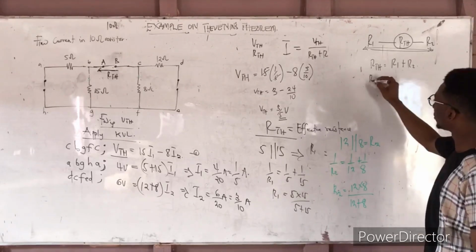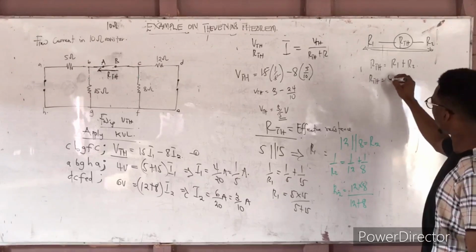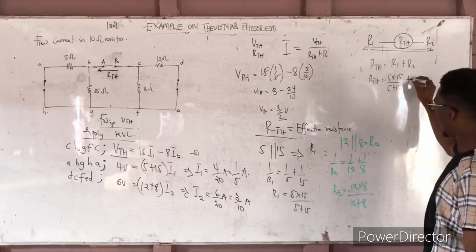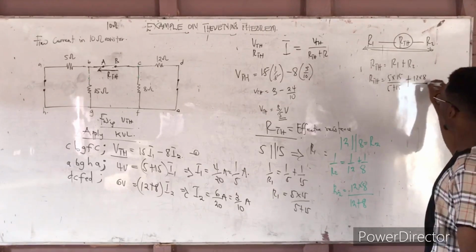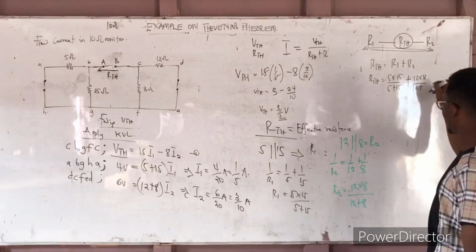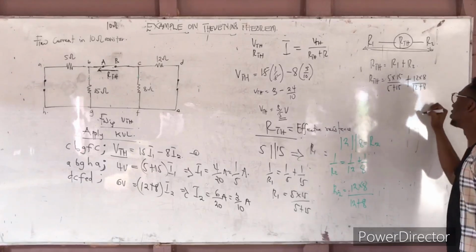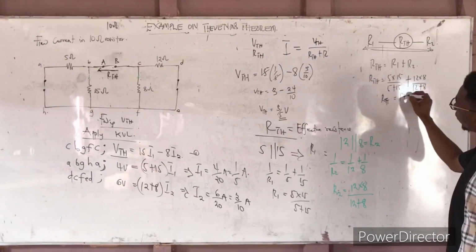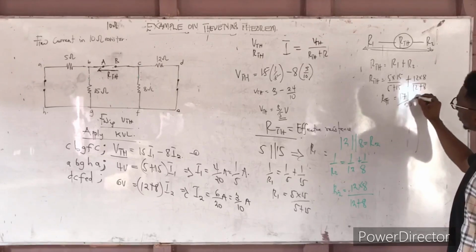Therefore the RTH is 5 times 15 over 5 plus 15, plus 12 times 8 divided by 12 plus 8. And when you do this, we get 171 on 20 ohms.